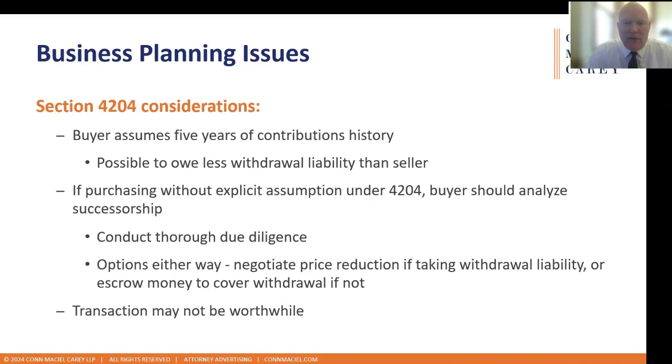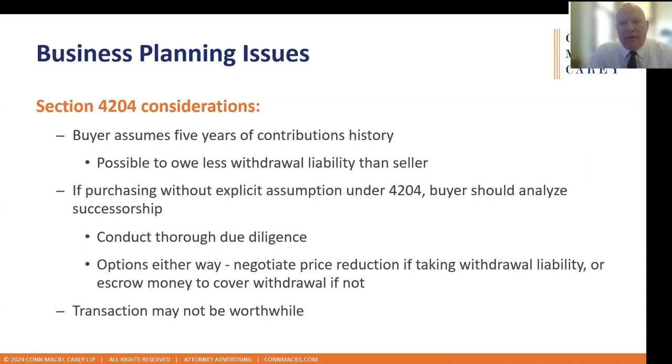That is, their highest years of contributions could be from years 6 to 10 preceding the sale. And so it's at least possible that a buyer who takes on the same obligation could be liable for less withdrawal liability than the seller would have otherwise been. That's something to at least ponder.